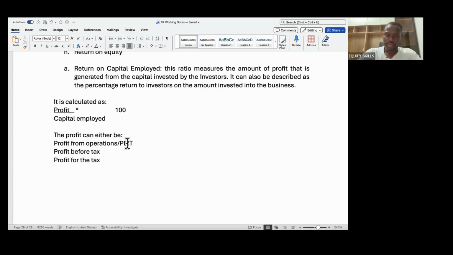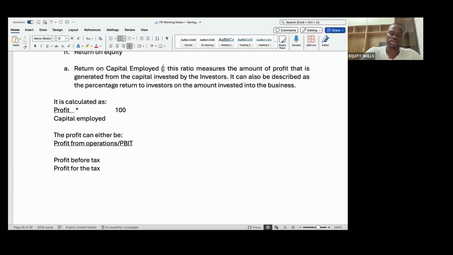You see, if you use profit from operations, your capital employed is not a matter of choice. This is where the examiner is waiting for you.